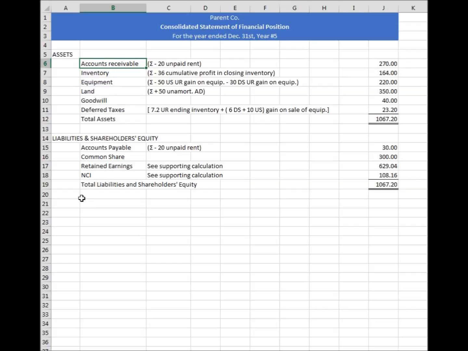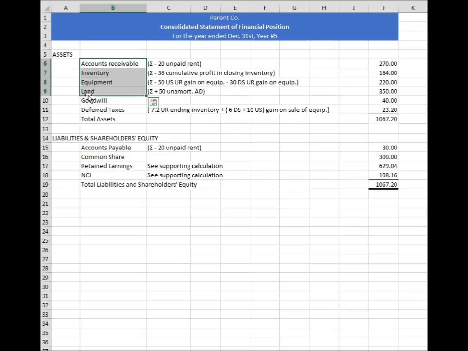I'll write in everything that I need to put there, so I'll know I have all the accounts they had. They presented us with inventory, accounts receivable, land, equipment, and that's pretty much all they provided us with.